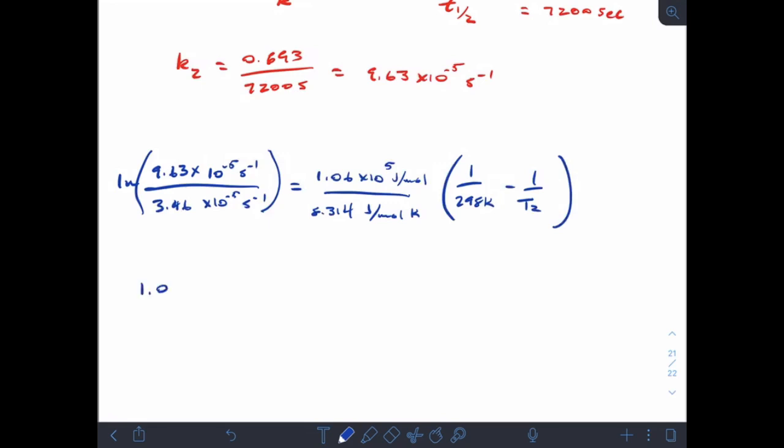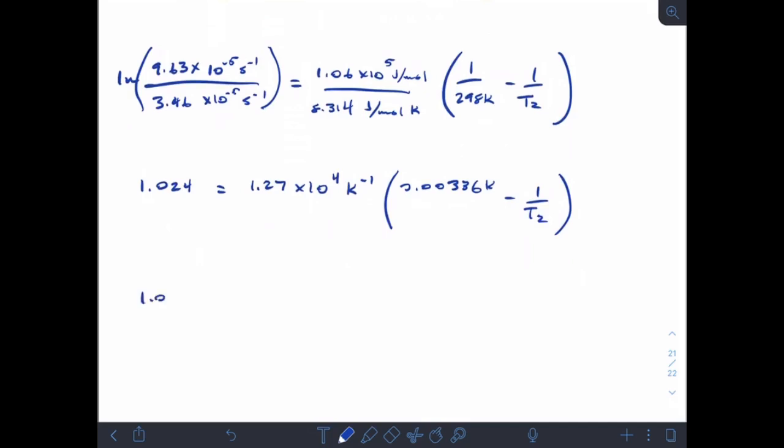We'll have over here 1.024 equals 1.27 times 10 to the 4 inverse kelvins times 0.00336 minus 1 over T2. 1.024 equals 42.7 minus 1.27 times 10 to the 4 inverse kelvins divided by T2.